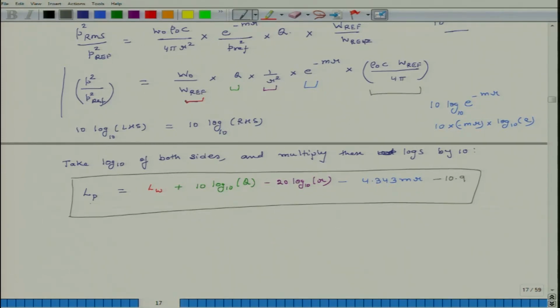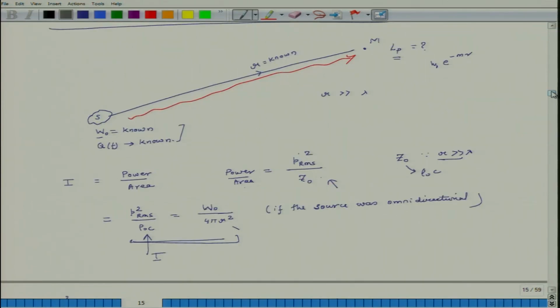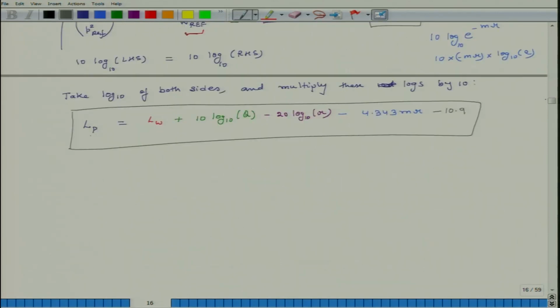So, the point is that in free space, remember we said there are no reflecting surfaces, a directional sound producing object whose directionality is Q, which produces W naught watts of power, then the value of LP at this location can be calculated by this simple formula.